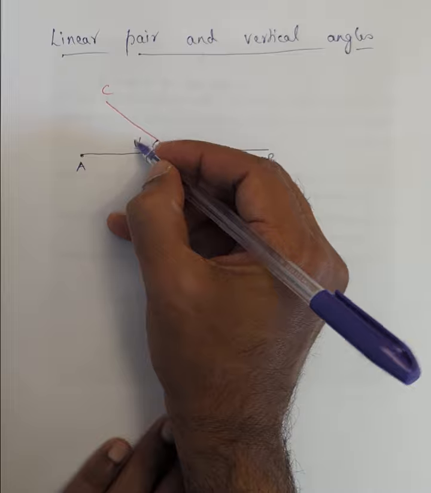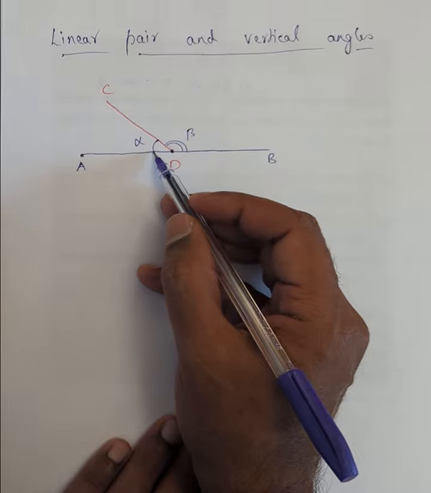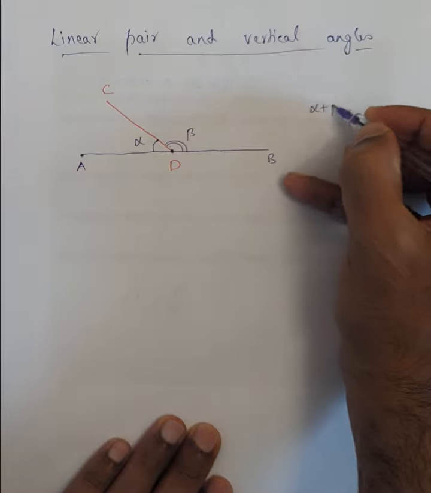They need not be equal, so let's call one angle alpha, the other beta. Then you can see that alpha plus beta is equal to 180 degrees.